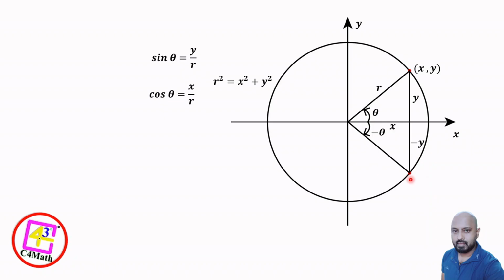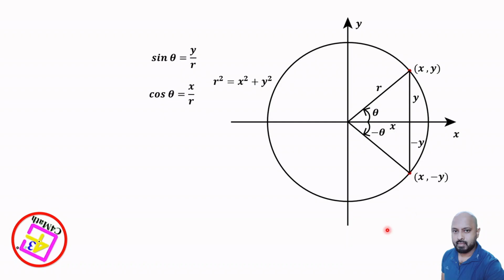Next we can write this point: first x, then the length in this direction, which is negative y. That means we can mark that point as (x, negative y). Then we know this is the radius of the circle, r. For that, we know this triangle is a right angle triangle, so we can use the Pythagoras theorem to find this side.